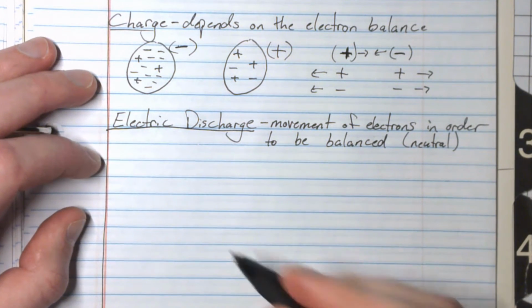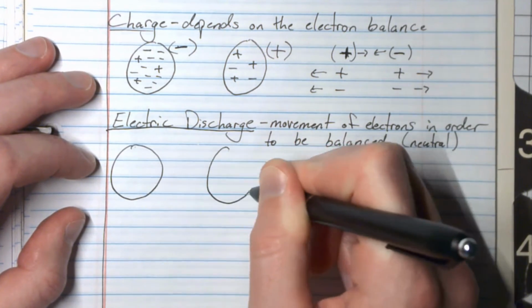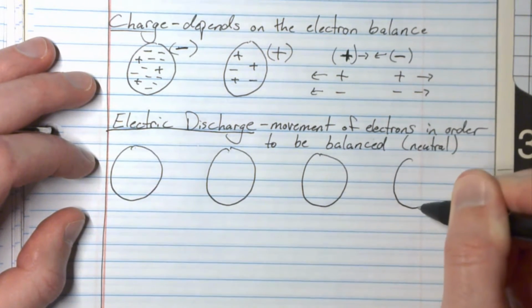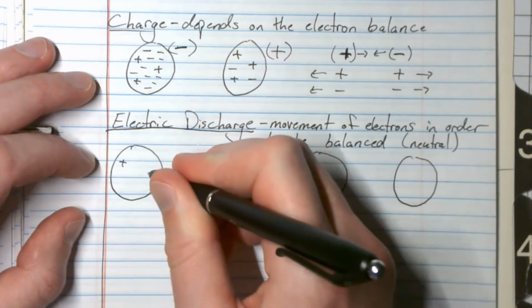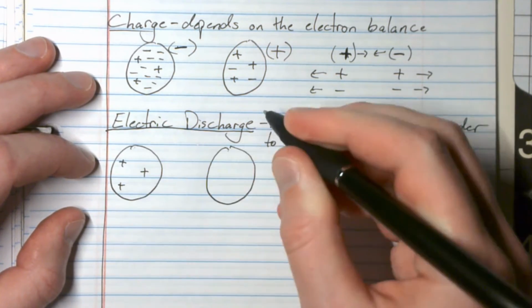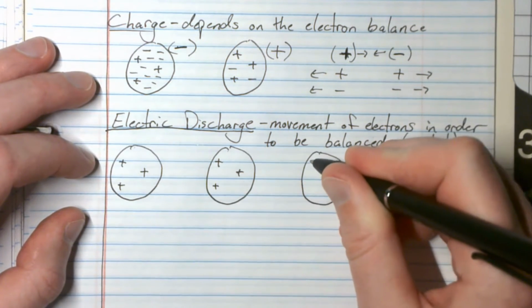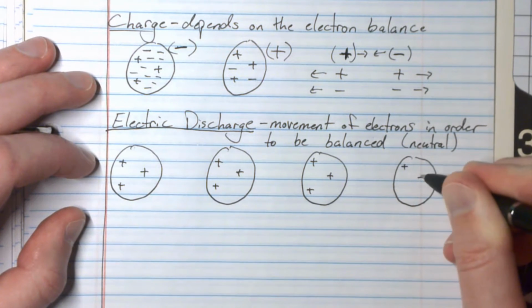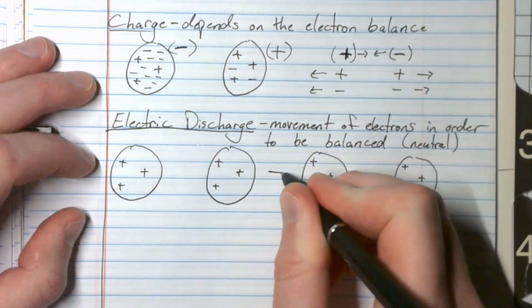All right, let's draw another picture. We're going to draw 3 more plus signs for our protons. We're just going to keep going through this whole thing. All right, so let's put an equal sign.